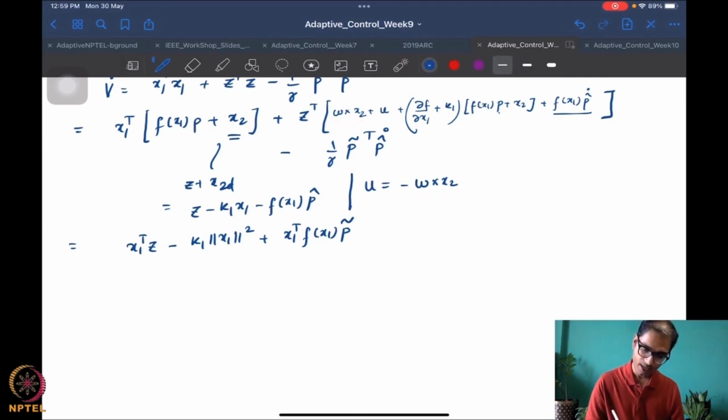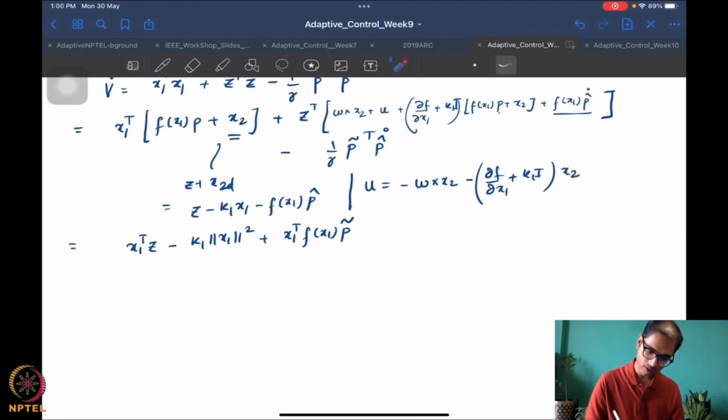Minus f x1 p hat dot is to deal with this term. Then I introduce a good term, minus k2 z, and finally I want to deal with this term, for which I will have del f del x1 plus k1 I times f x1 p cap, because I cannot implement p, so I put in a p cap.